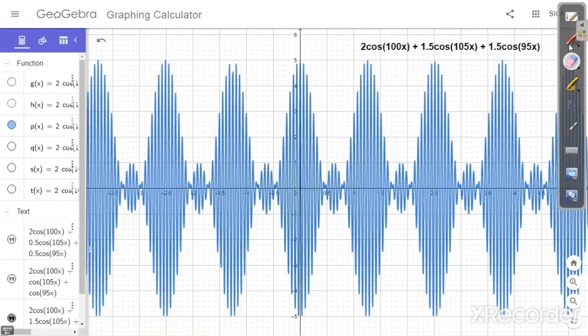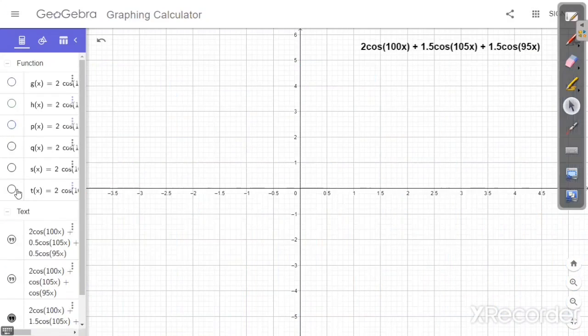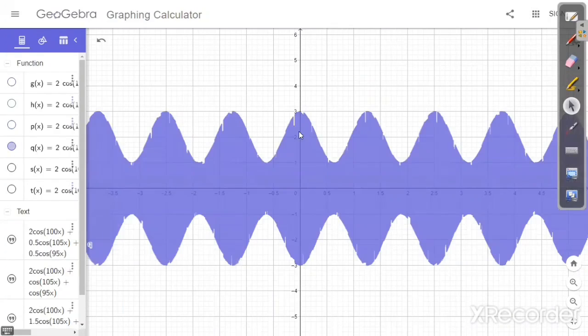But if we want to observe the envelope shape clearly, we have to increase the frequency. For that, I have increased the frequency from 100 to 1000, so that we can clearly observe the envelope shape. Here, if we observe the envelope shape, we can clearly get the same shape for the under modulation.